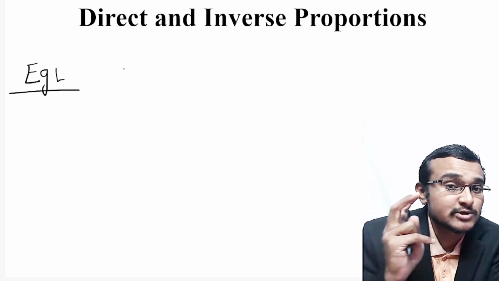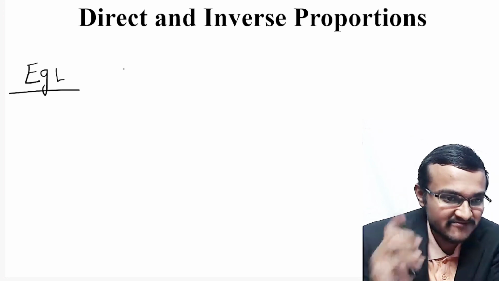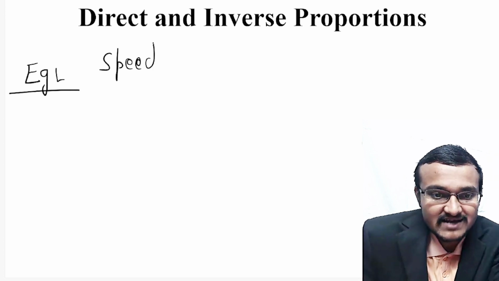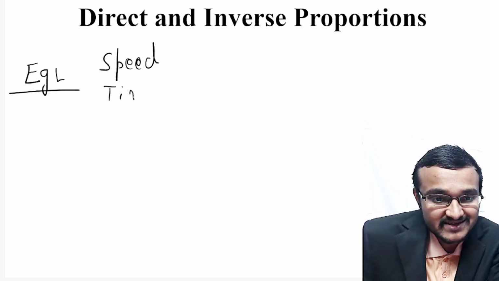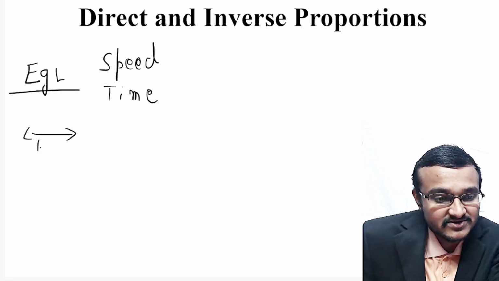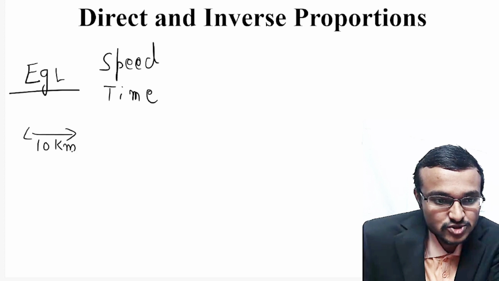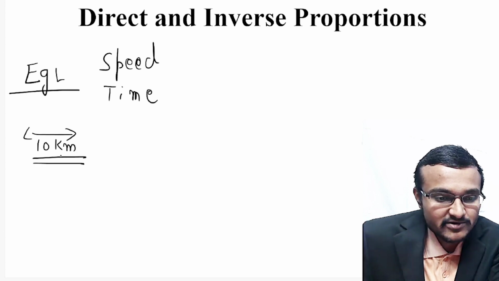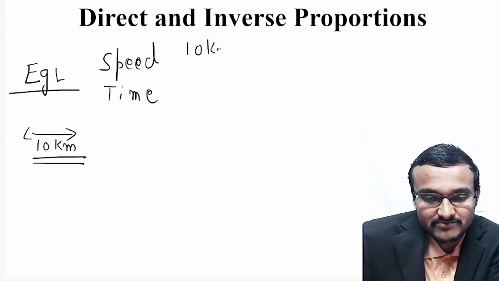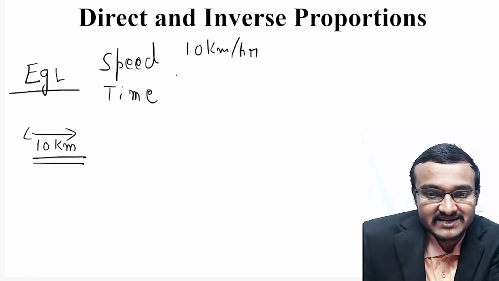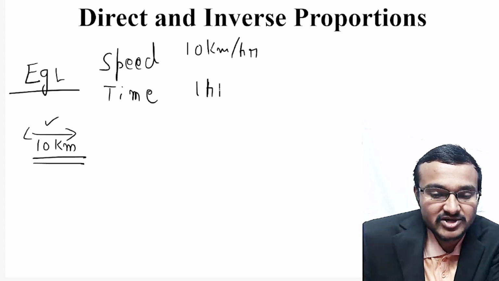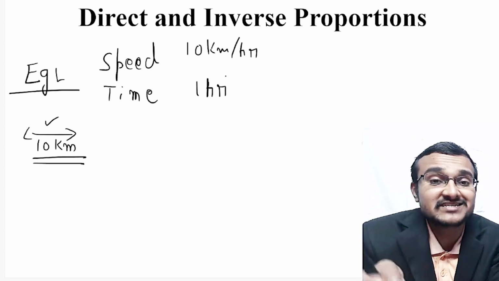Let us take one example for this, comparing two different physical quantities: speed and time. Let's suppose there is 10 kilometers of distance. If the speed is 10 kilometers per hour, the time taken to cover this 10 kilometers will be 1 hour, because the speed is 10 kilometers per hour.